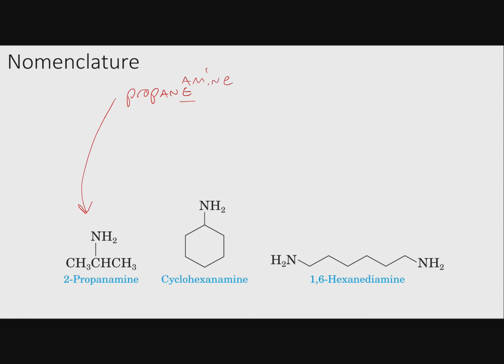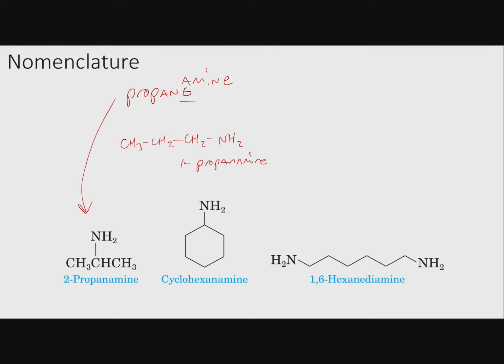Where with the alcohols, we said propanol, we added the OL. And we'll use a number to locate the amino group on the parent chain. So for propanamine, because we could also do CH3, CH2, CH2, NH2, this would be 1-propanamine.